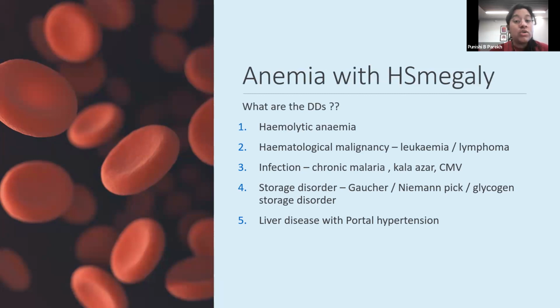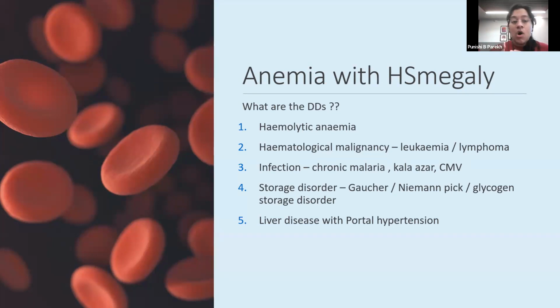Hematological malignancies like leukemias and lymphomas, infection like chronic malaria, Kala Azar, or even CMV, storage disorders like Gaucher, Niemann-Pick, and glycogen storage disorders, and liver disease with portal hypertension. So in order of most common to least common, this is the differential of anemia with hepatosplenomegaly.